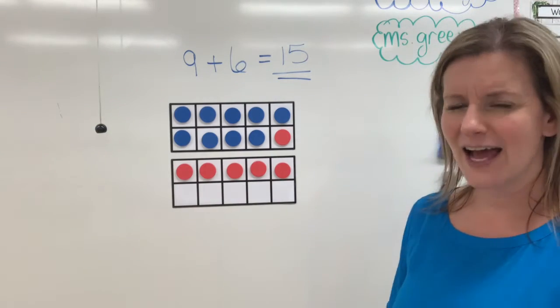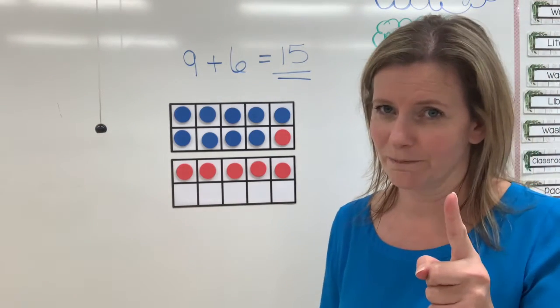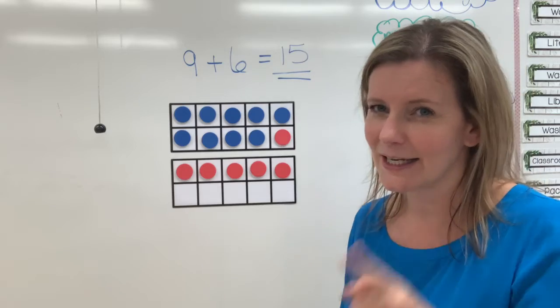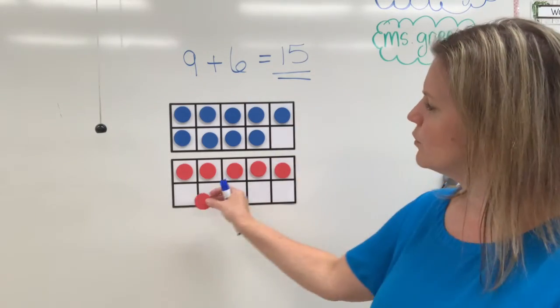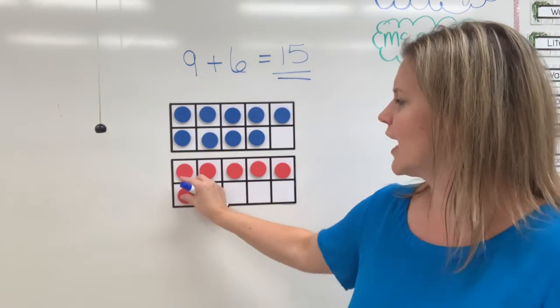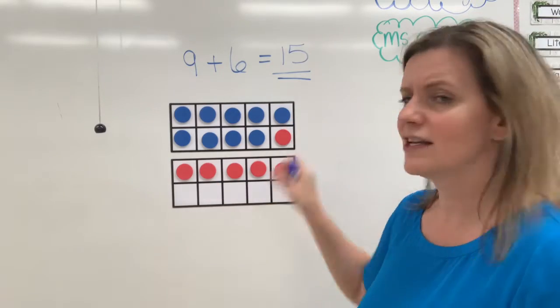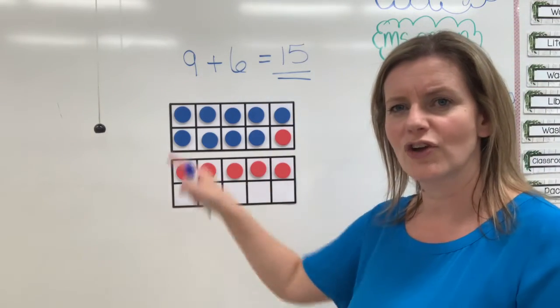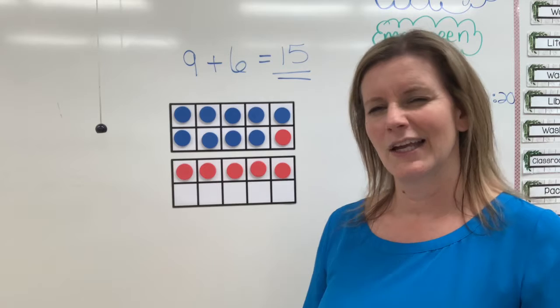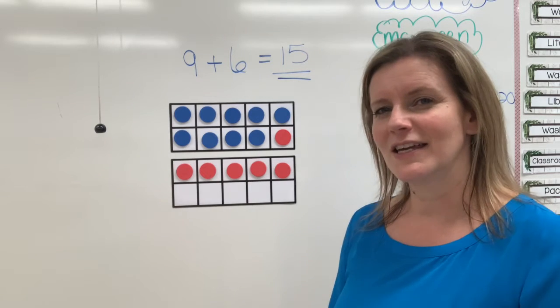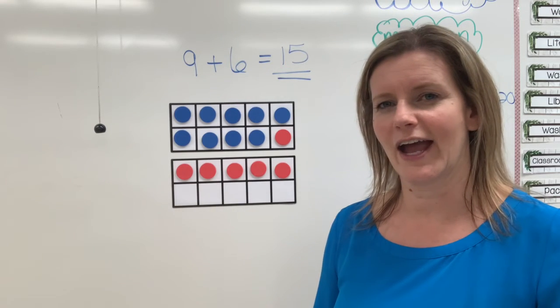15. Now, here's a question for you, and I'd like you to think about this. We moved our 1 red counter up into where our blue counters are in our 10 frame. Why do you think that might be easier to do when you're adding?